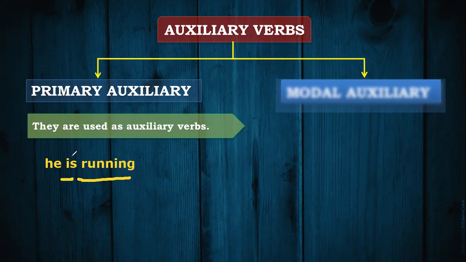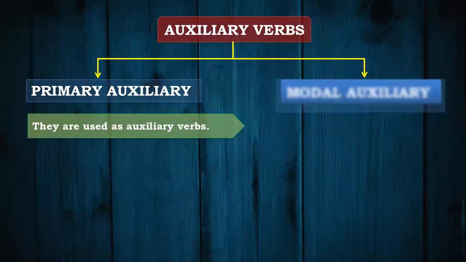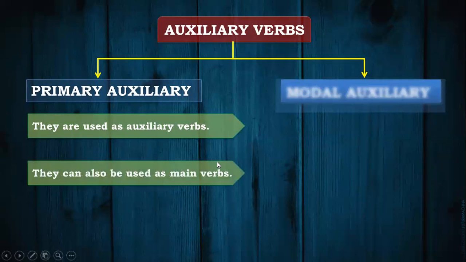In this case, the primary auxiliary, which is acting as the first verb, which we considered as a helping verb, while running is your main verb. Isn't that interesting? And isn't it easy to understand? Yes. Let's go with the next function.